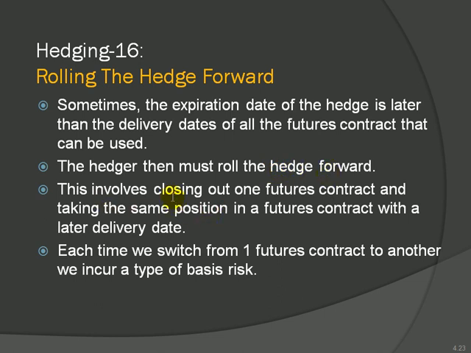And this involves closing out one futures contract and taking the same position in a futures contract with a later delivery date. But when you do this, you're going to have to switch from one futures contract to another. At that time, we're going to incur basis risk. And this is cumbersome. Okay, I think this is about it.